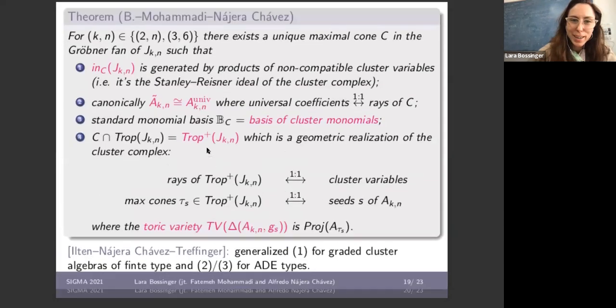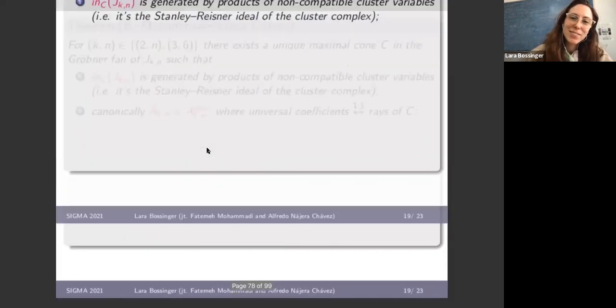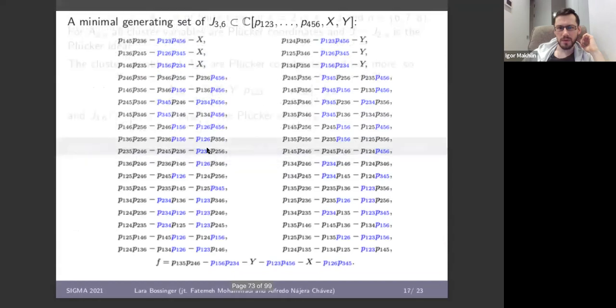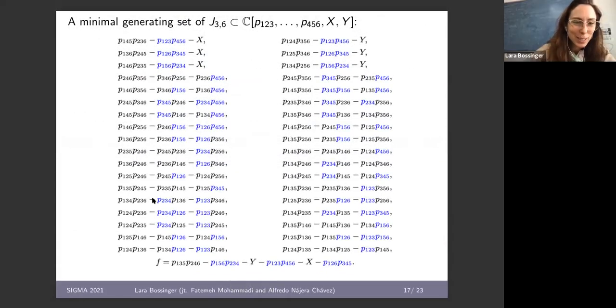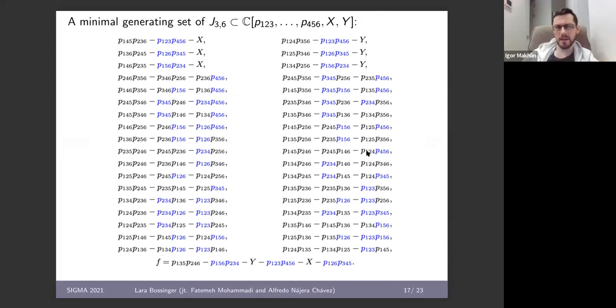Plus the ones that I had on the other slide when I showed you the ideal. Yeah, exactly. So these two slides together, it's these monomials that are in the first spot here. They're just monomials of degree 2 in Pluckers, plus the other monomials in the additional elements. So no, this was a minimal generating set. No, but here you have two monomials in each one, right?